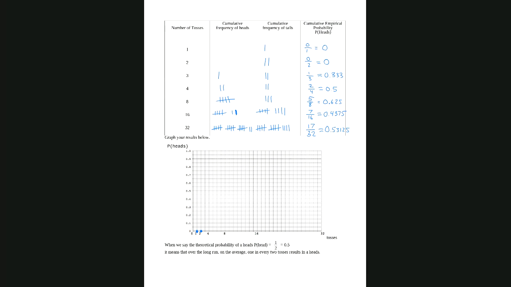Then after 3 tosses, my empirical probability went up. And after 4 tosses, we went up even higher to 0.5. Then after 8 tosses, I was at 0.25. After 16 tosses, I had 0.4375, so I dropped back down.